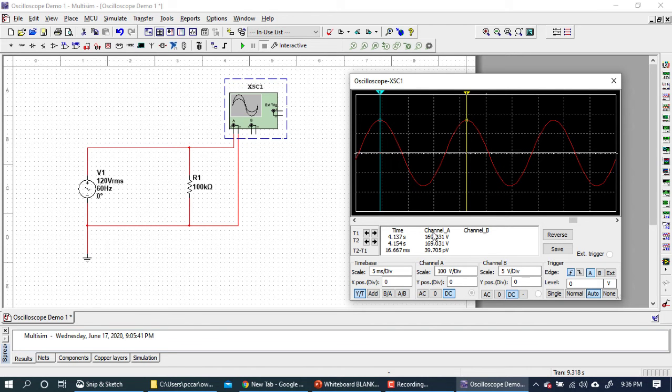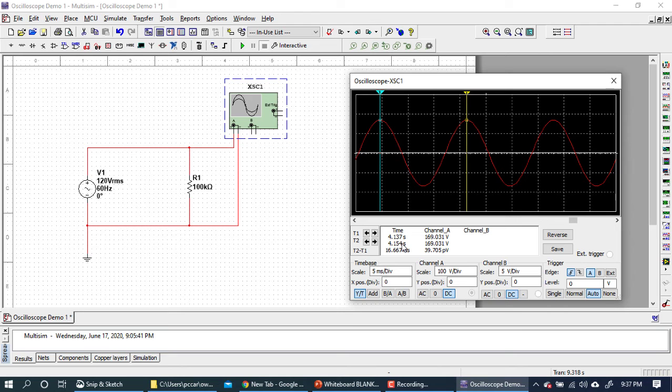Now, if we go down and look at our cursor window, it shows us some information for the first cursor, which is cursor number 1, and also information about the second cursor. The first cursor appears at 4.137 seconds. The second cursor appears at 4.154 seconds.